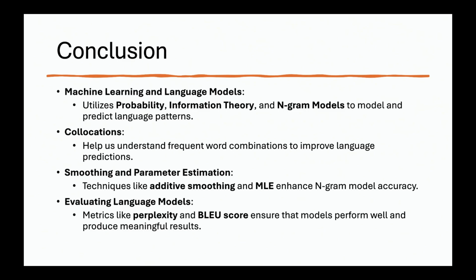Collocations help us to understand word combinations, while smoothing and parameter estimation techniques improve the accuracy of N-gram models. Finally, evaluating language models with metrics like perplexity and BLEU ensures that our model performs well and produces meaningful results.